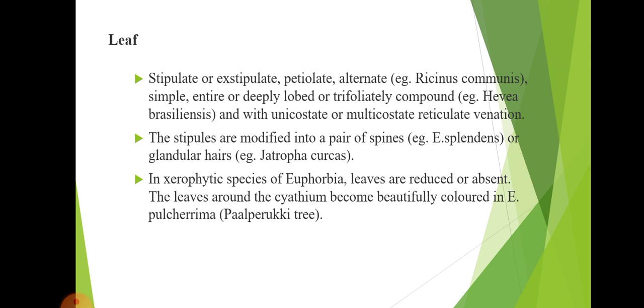The leaves around the cyathium become beautifully colored in Euphorbia pulcherrima. This is the leaf structure of different plants of Euphorbiaceae family.